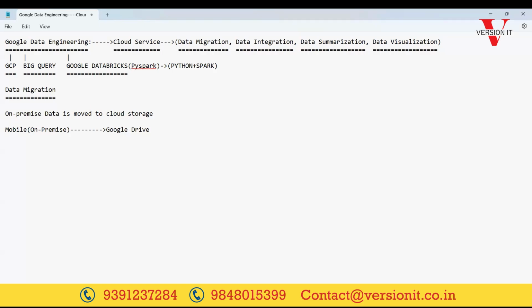If you store the contacts in Google Drive, can you access them after going to some other country without the physical device? Think carefully and tell me. Today you have stored some contacts, some photos and pictures in the Google Drive through your mobile phone.